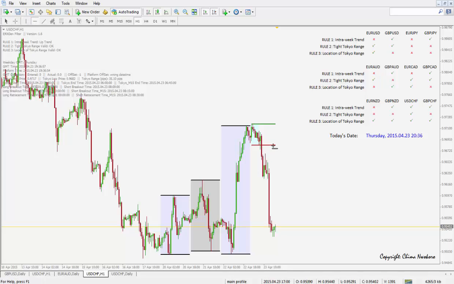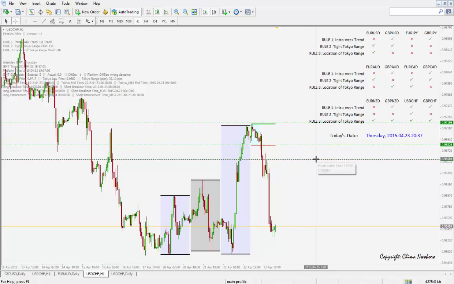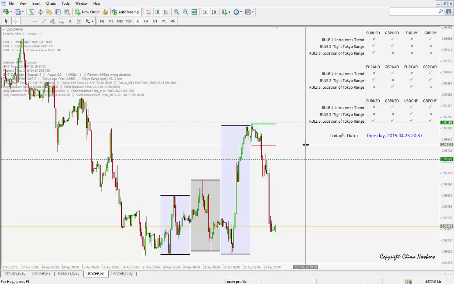Entry would have been there, and in the rules, stop loss would have been there, and when price moved 25 pips, I closed half of my lots.